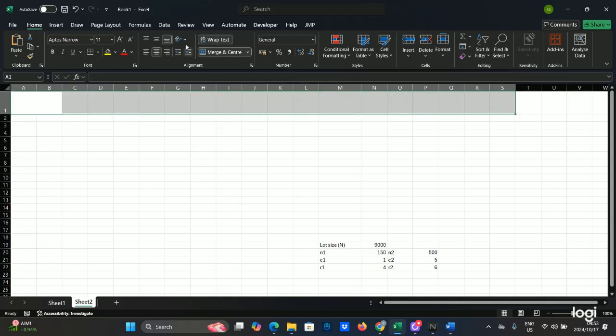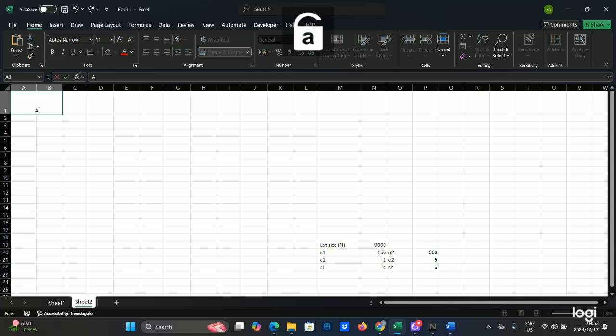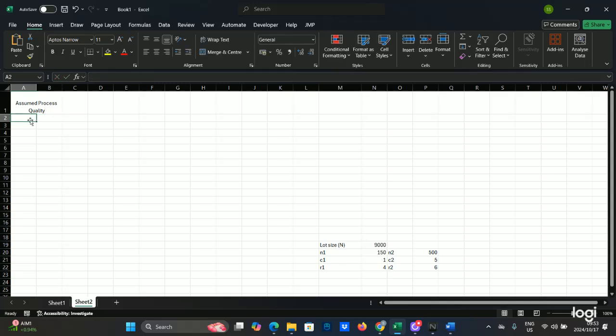So now we have to put in our assumed process quantities. This is the expected proportion non-conforming that they can find in a sample, given by p0, proportion non-conforming.